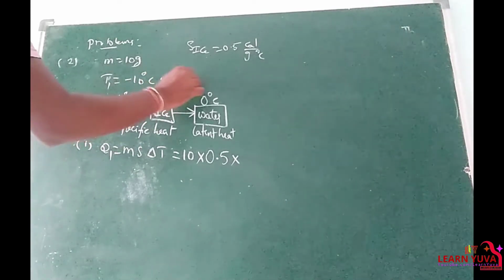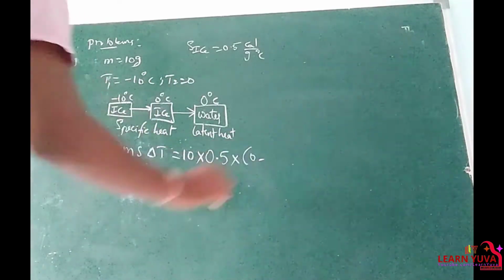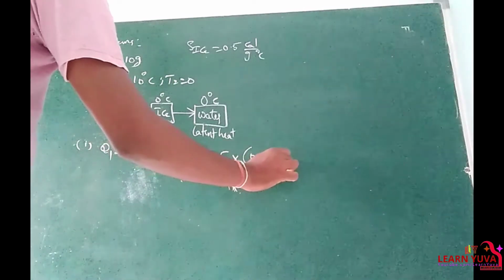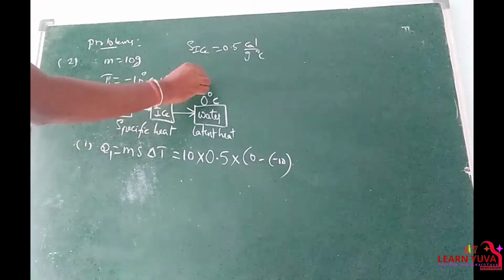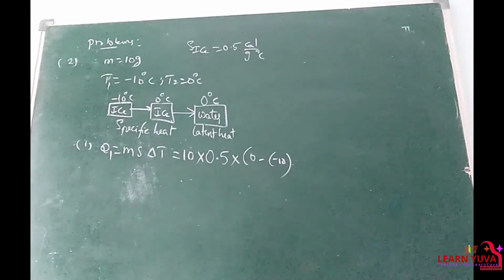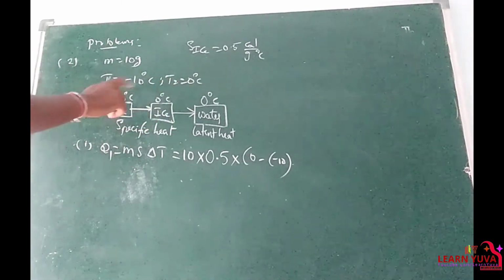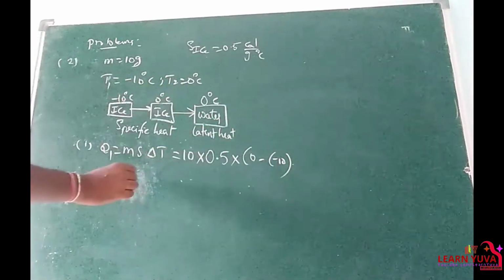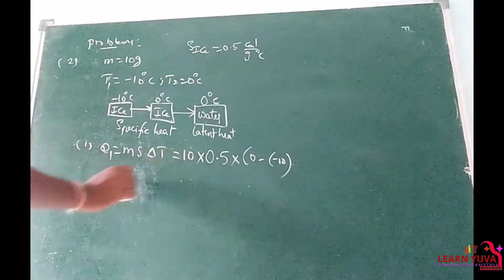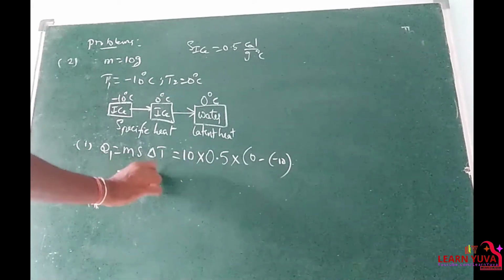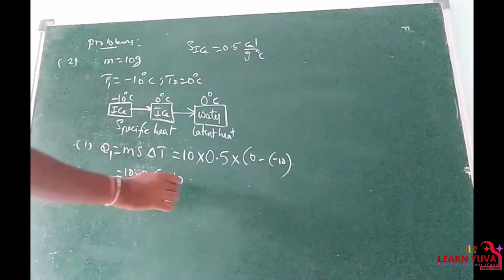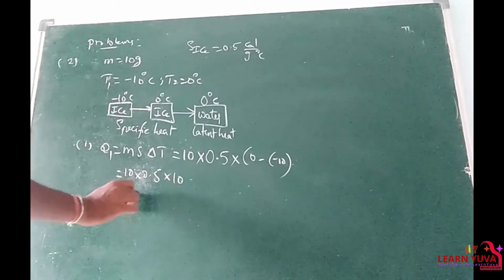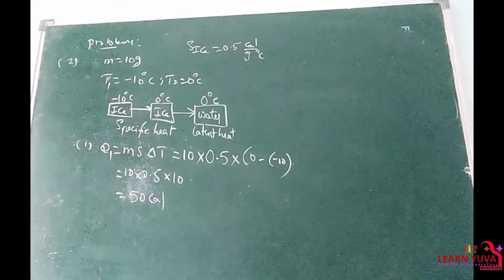And delta T is T2 minus T1. T2 is 0 degrees Celsius, T1 is minus 10 degrees Celsius. So 0 minus minus 10. So Q1 is equal to M 10 into 0.5 into 10. 0.5 into 10, that is 5, that is 50 calories.